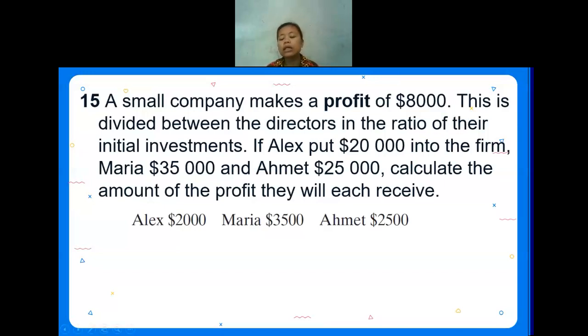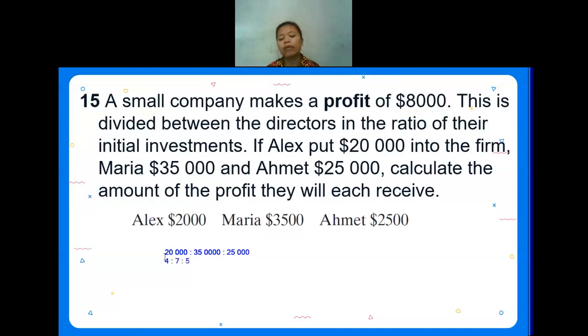So here you find the ratio of their investments first: 20,000 to 35,000 to 25,000. We can divide everything by 5,000, so the ratio will be 4 to 7 to 5.